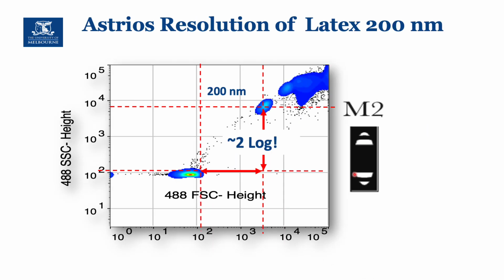And the surprise for us is that although the company will tell you that the limit of detection of the Astrios is 200 nanometers, we managed via this successful sequential alignment process to get a full resolution of 200 nanometer beads from the noise, with roughly 100 times less noise measured than the scatter that was produced by the 200 nanometer beads that we were using.